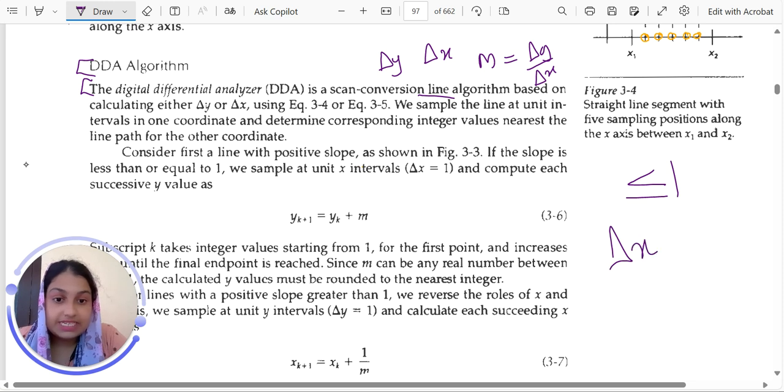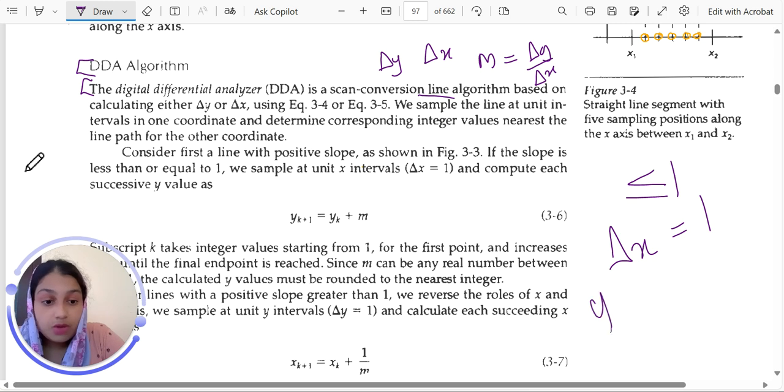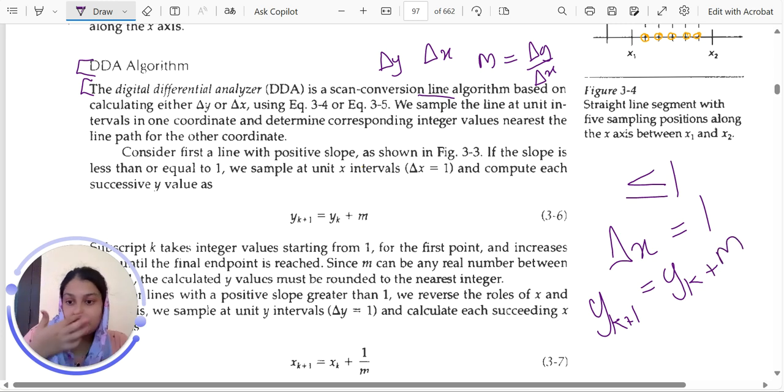That is, we will take delta x equal to 1 and compute each successive y value as yk plus 1 equal to yk plus m. We will use this formula.